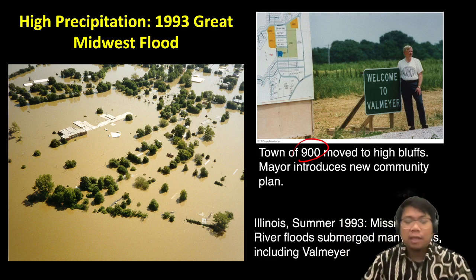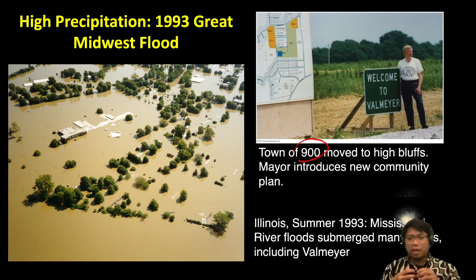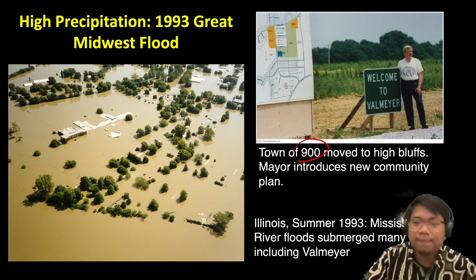So basically, they understood that they lived in a big floodplain, and a major flood like this will eventually occur again in the future. So they made a very dramatic decision to move the entire town to a new place at a higher elevation.